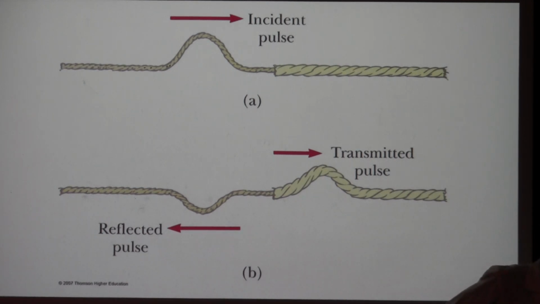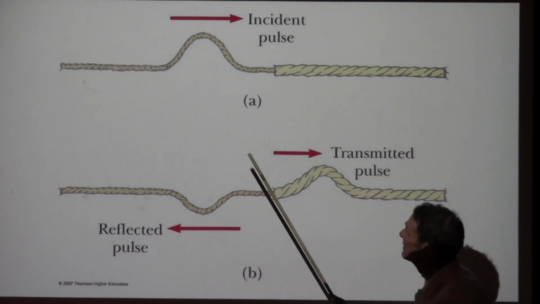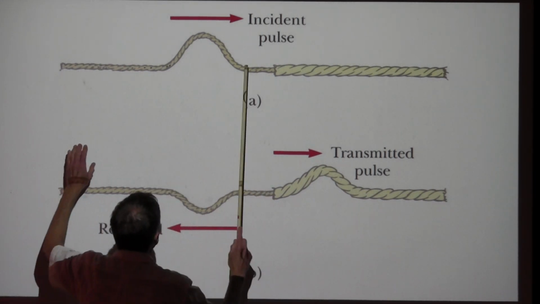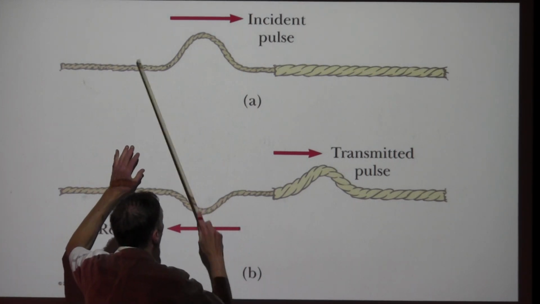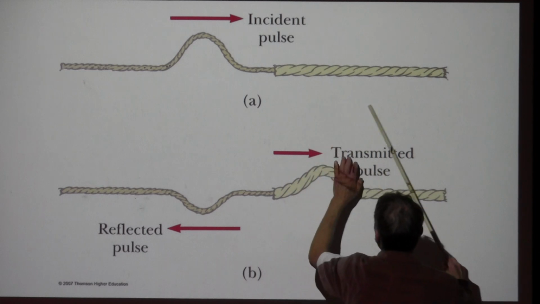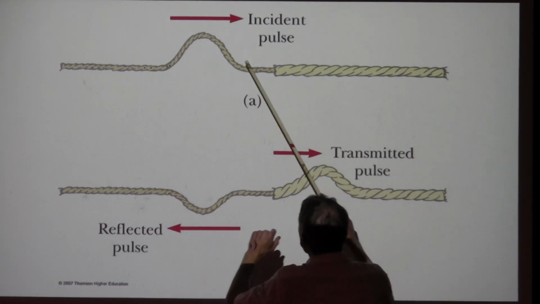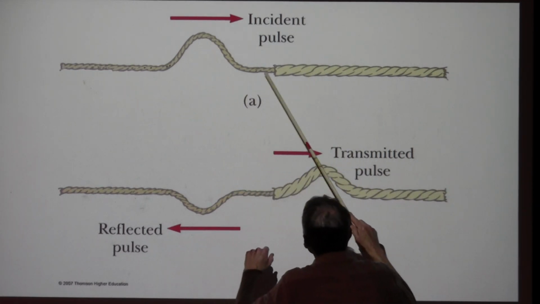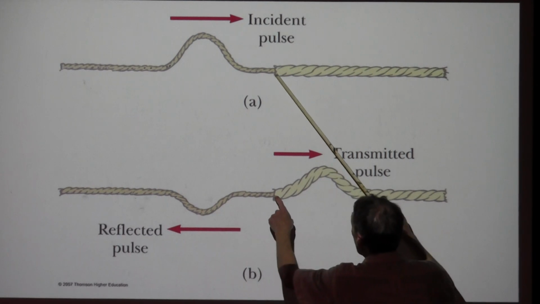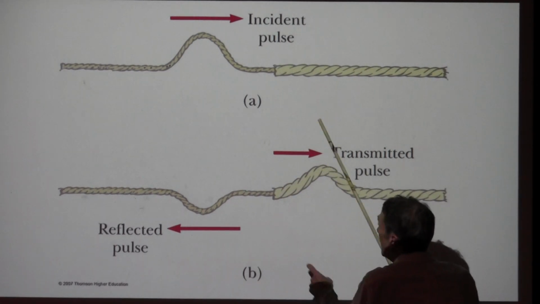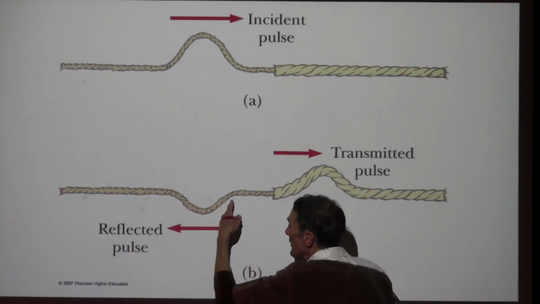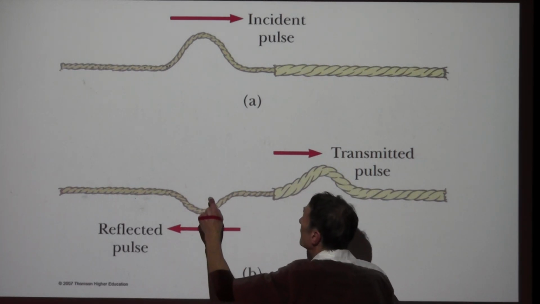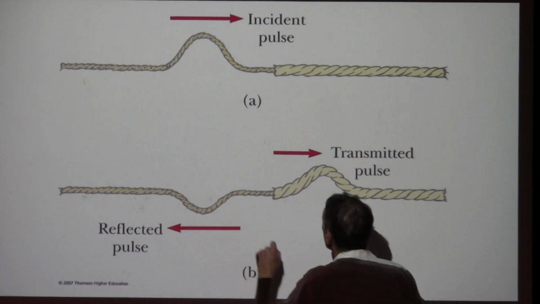If we deal with light going from a low index of refraction to a high index of refraction, we send in this light pulse and it hits here. It acts a bit like this fixed wall, so the reflected wave is inverted from its original direction.